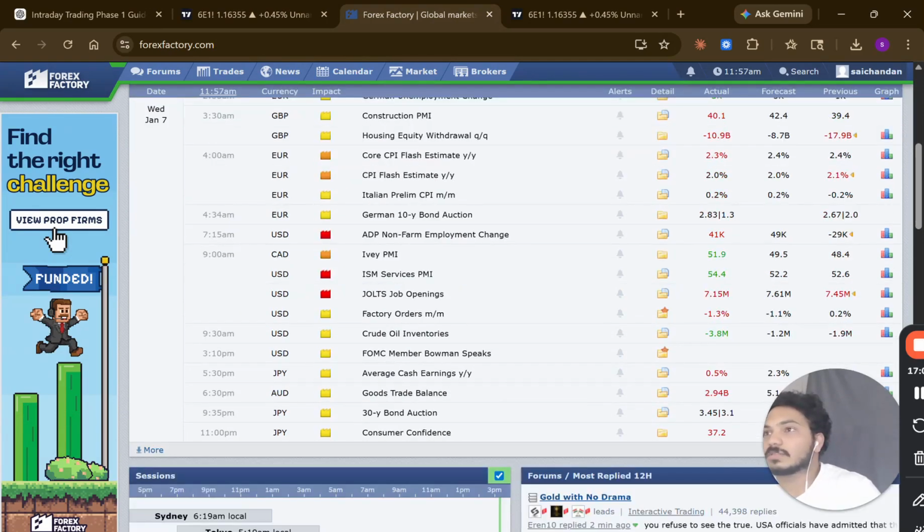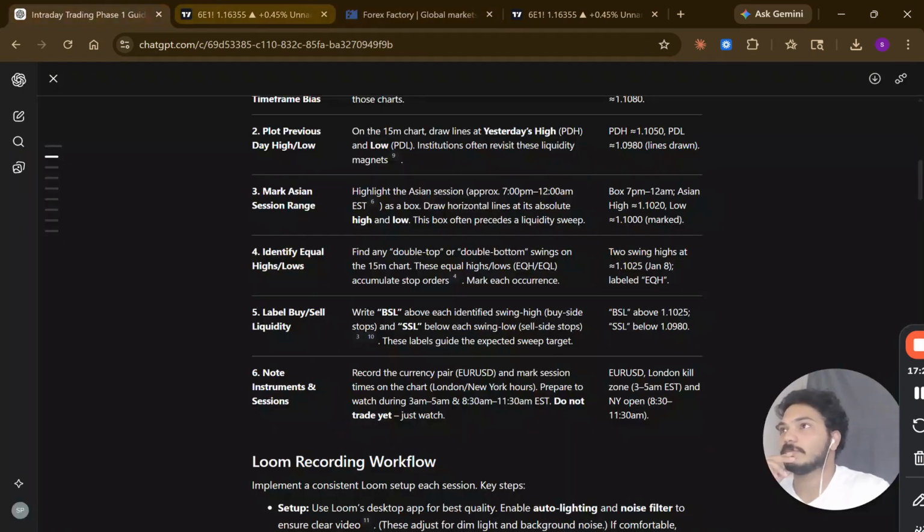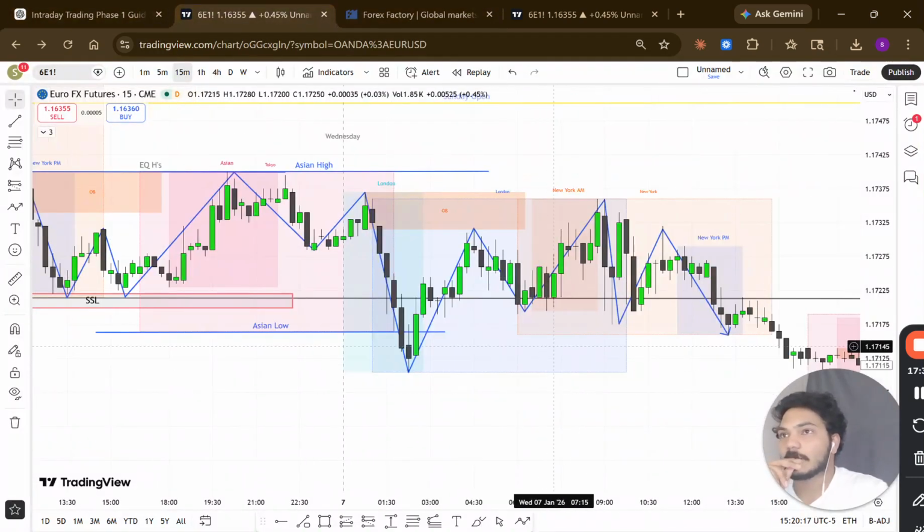And let's try to look for this 7:15 a.m. candle, where forecast is 49,000 and actual is 41. So we expect to see strength in euro around 9 a.m. New York open.